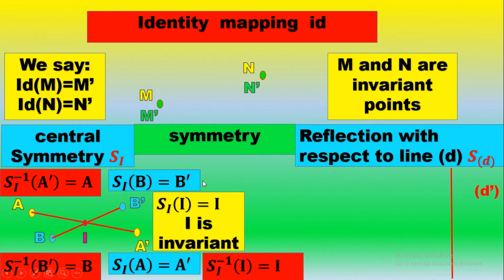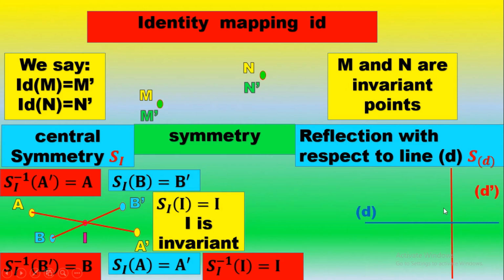Well, we have learned about the central symmetry. What about the reflection with respect to a straight line D? We call it SD, symmetry with respect to a straight line D. As you see here, we have a line D and a straight line D prime that is perpendicular to D. Here we will talk about the symmetry for points on a straight line which is perpendicular to the other one.